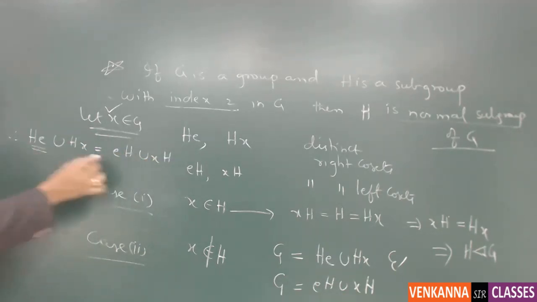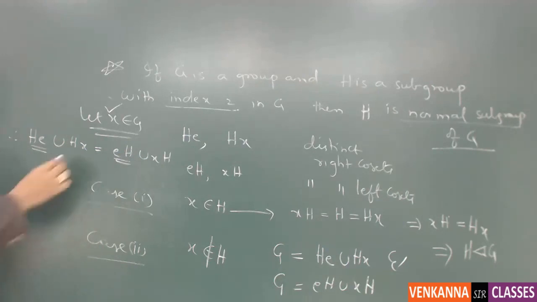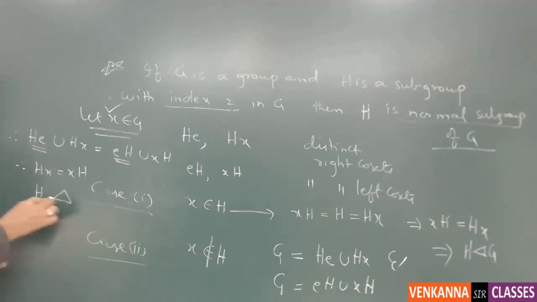Since these are the same sets, these two must be equal. Since left coset is equal to right coset, immediately you can say that H is a normal subgroup of G.